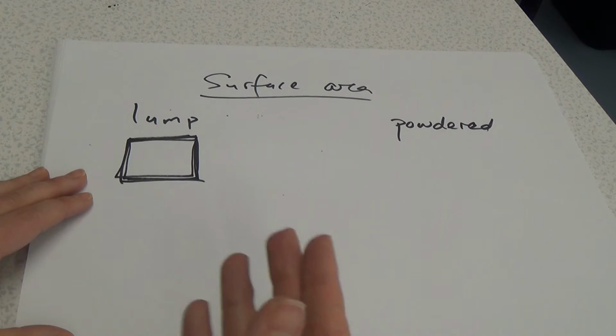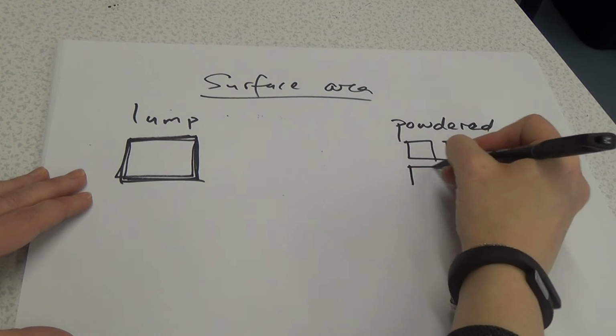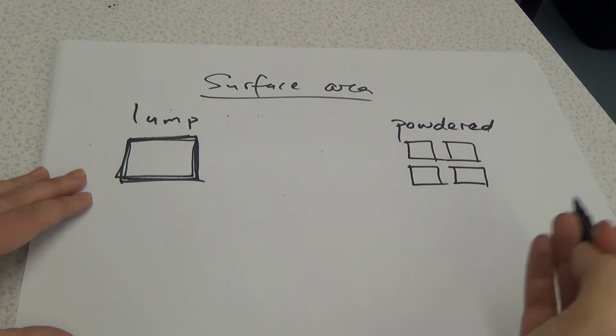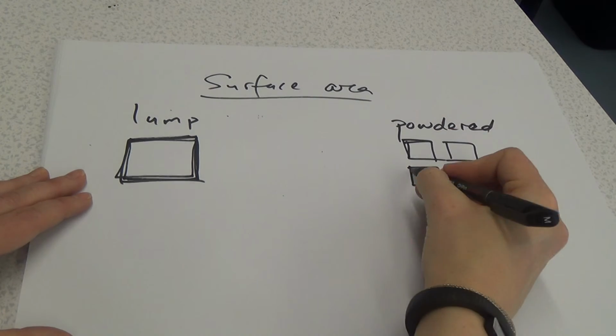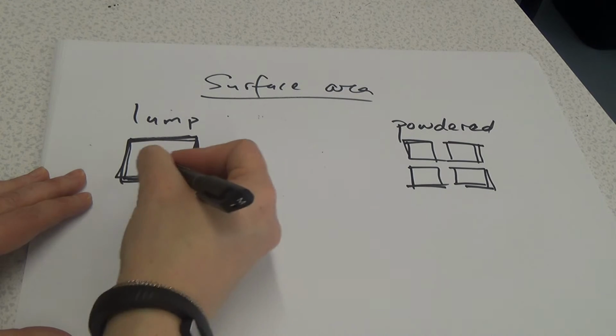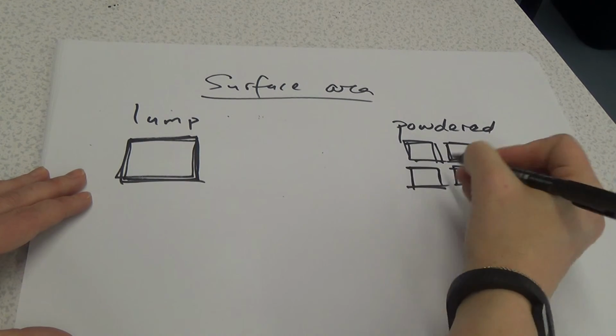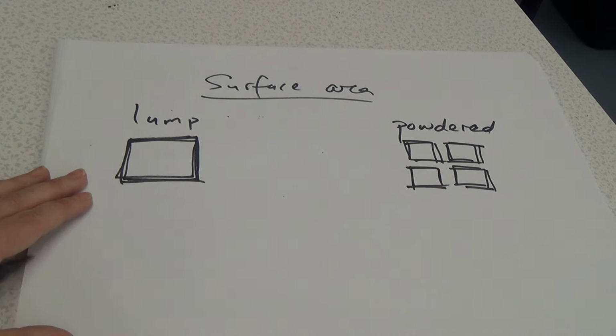If we then break it down into pieces, so the same piece broken down into 4 sections, we still have the particles on the outside that we originally had around the outside of the piece, but suddenly we have all of these particles exposed in the center, and that's a real positive.